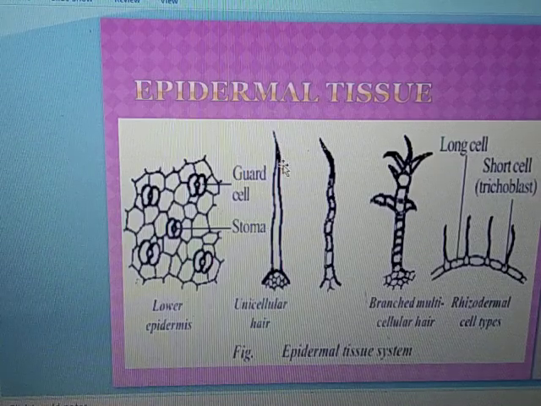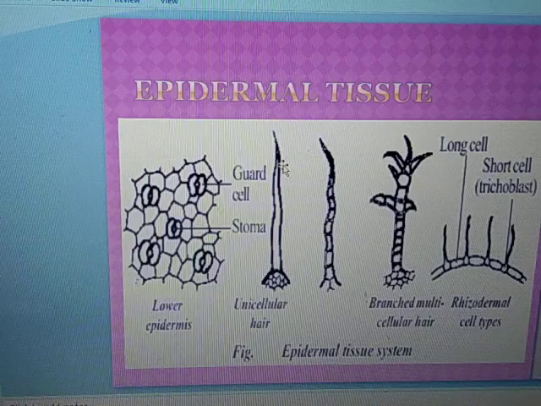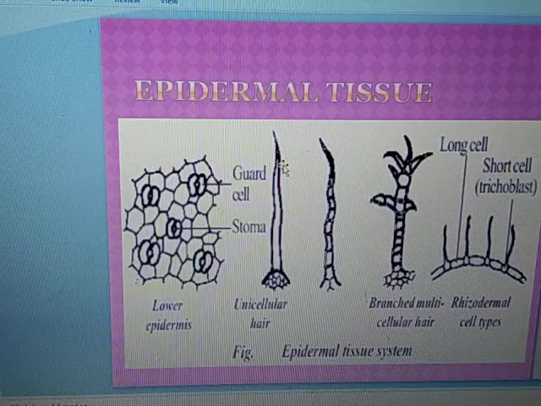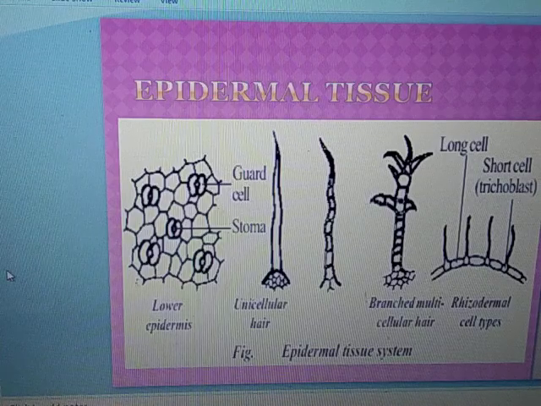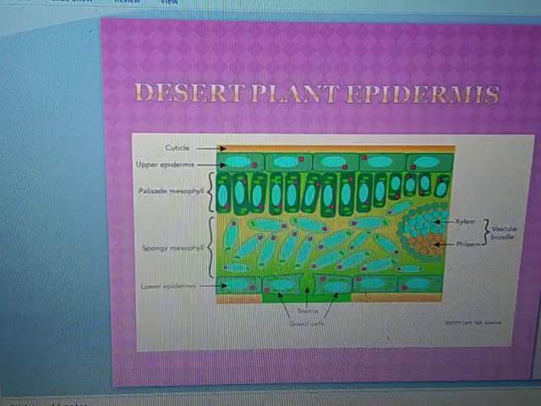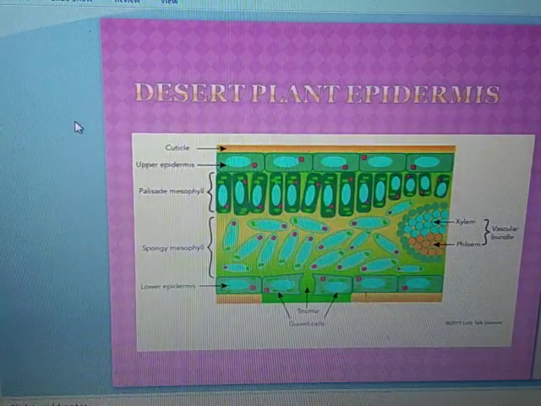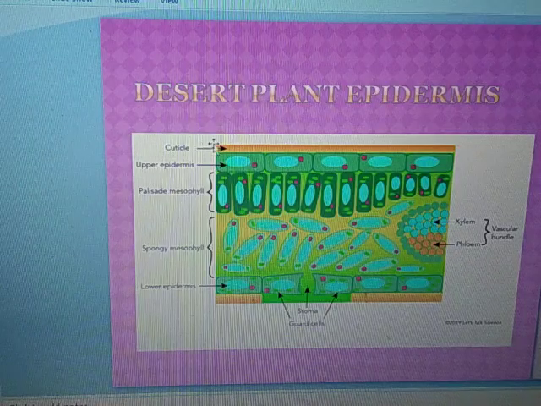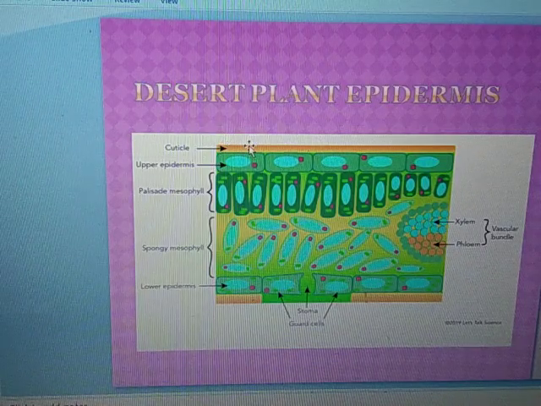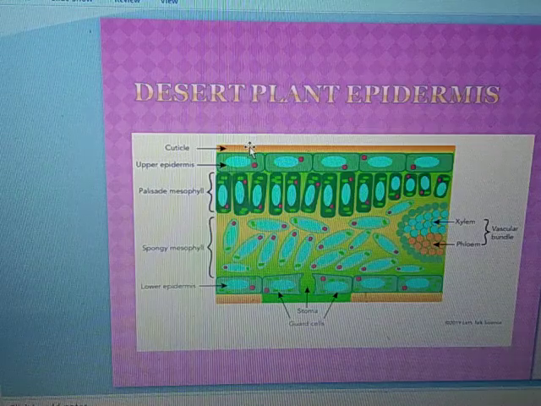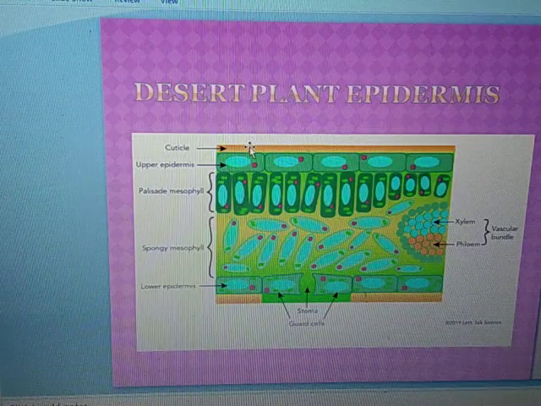Now, the waxy coating of cutin in the case of desert plants: as I told you, in the desert plant the waxy coating is present, and that waxy coating does not allow the loss of water from the plant. Then the stomata present on the leaf.